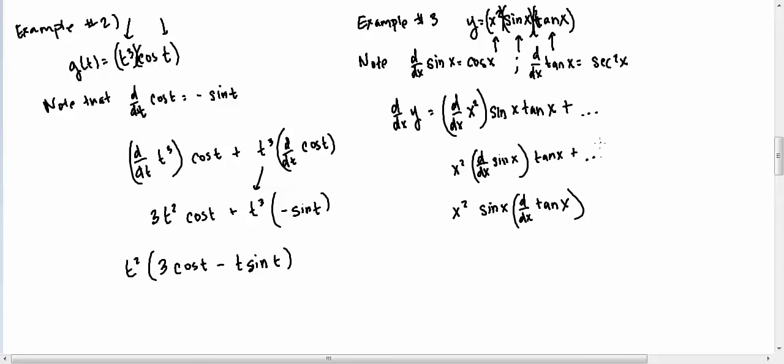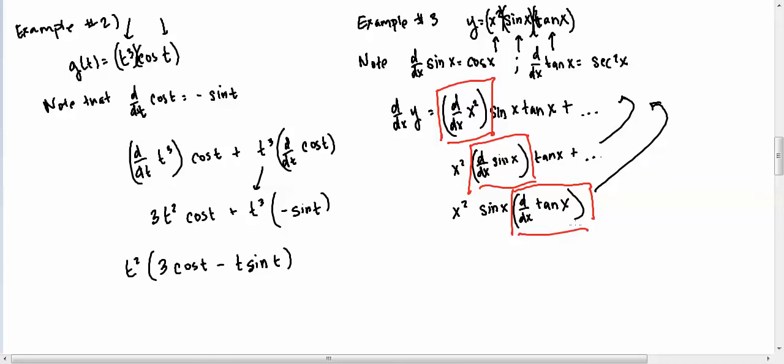So actually, all of these should have been in one long continuous line, but I put them vertically so that you can see that all I'm doing is I took the derivative of the first thing, and I kept the second two the same. And then I took the derivative of the second thing, and I kept the other two the same. And then I took the derivative of the third thing, and I kept the first two things the same.